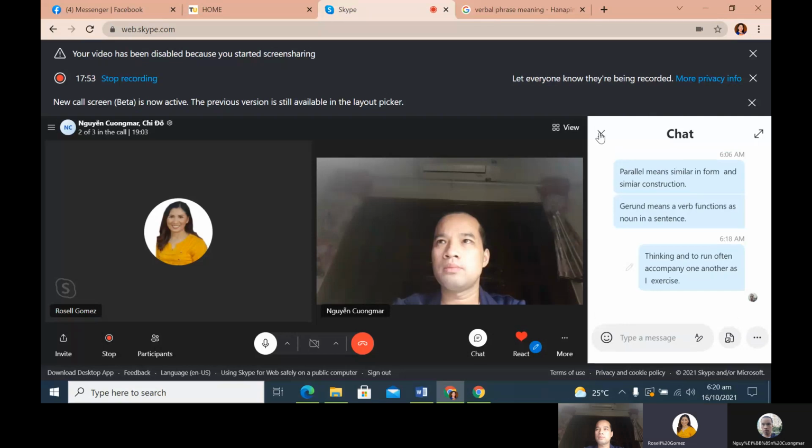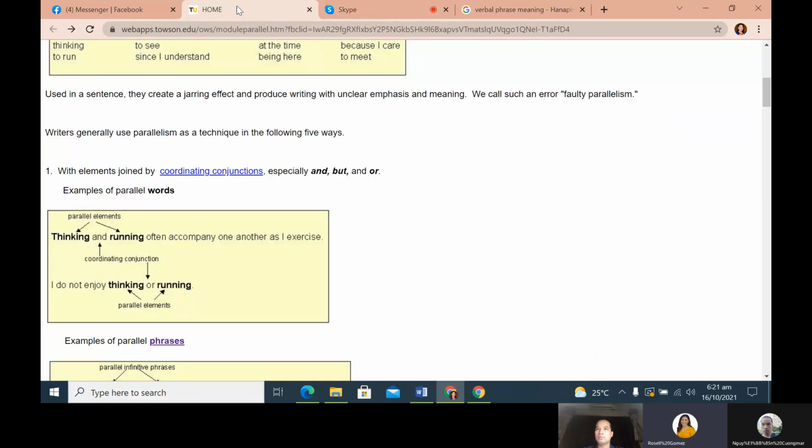So that is why I want you to consider the parallel structure when you say a sentence or when you write. This is really important.